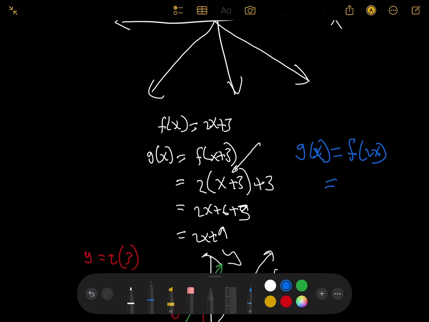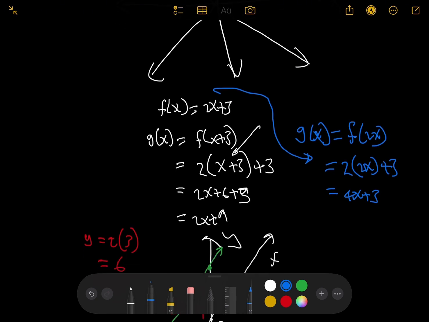This will therefore be 2 times 2x plus 3, which will give you 4x plus 3. Then you can plot that and see how it changes. But basically here, instead of the gradient being 2, it will be much steeper.